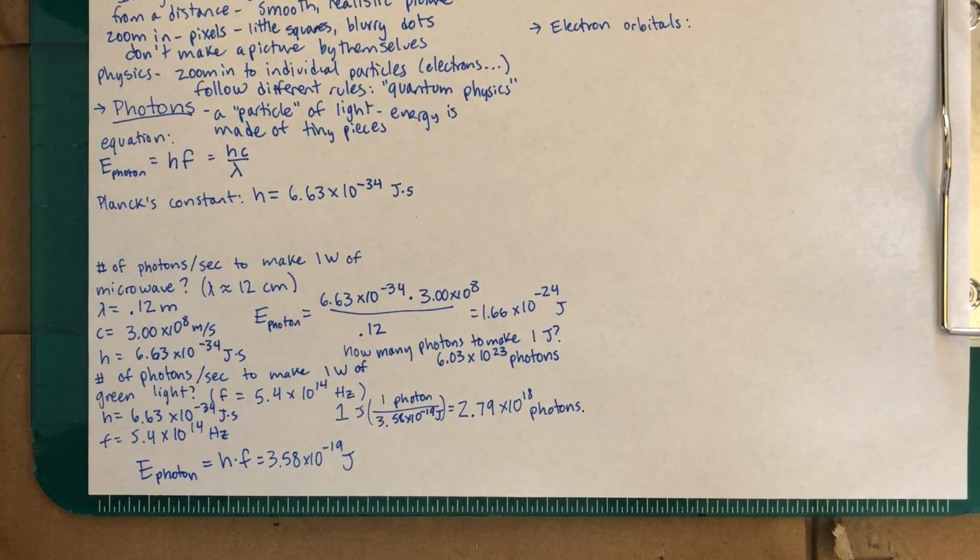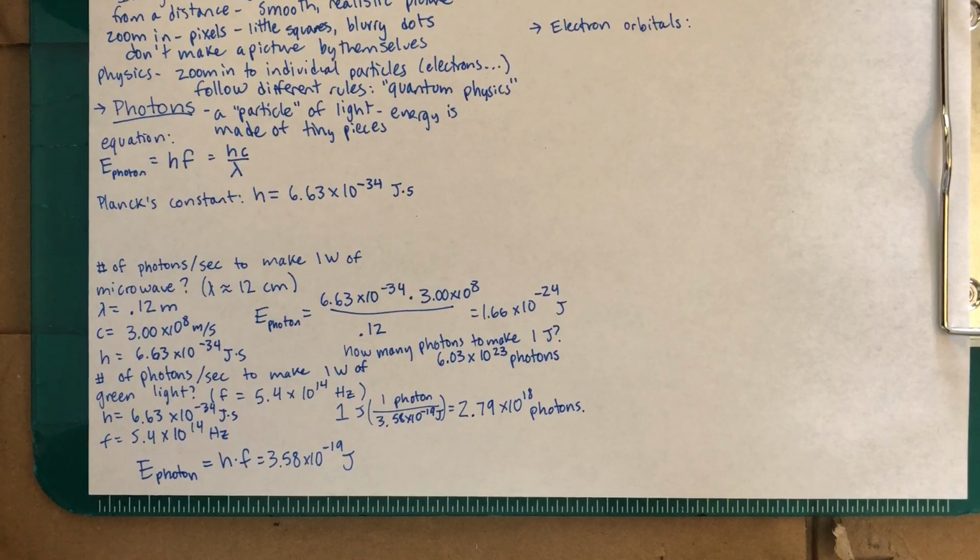But the photons themselves, each individual little tiny piece, would have less energy. We're taking that amount of energy, we're breaking it up into even smaller pieces. So you could have a very powerful microwave. You would need to have tons and tons of photons to create that. You could have a powerful light wave, you would need tons and tons of photons to create that.